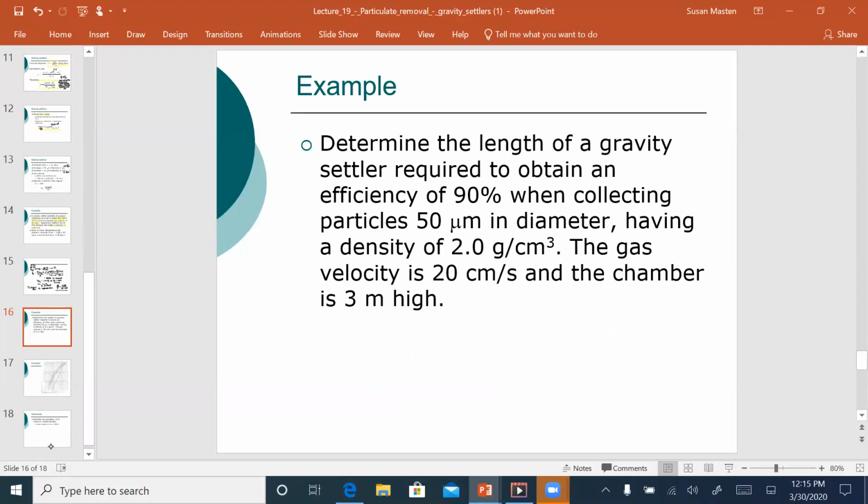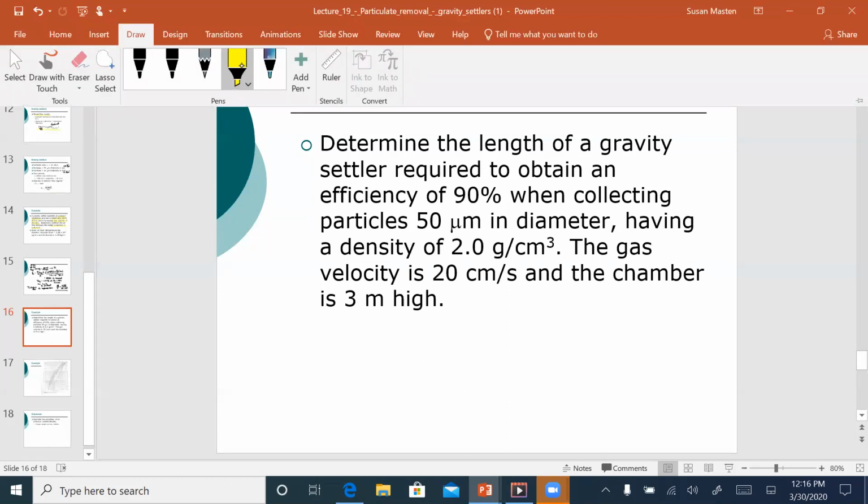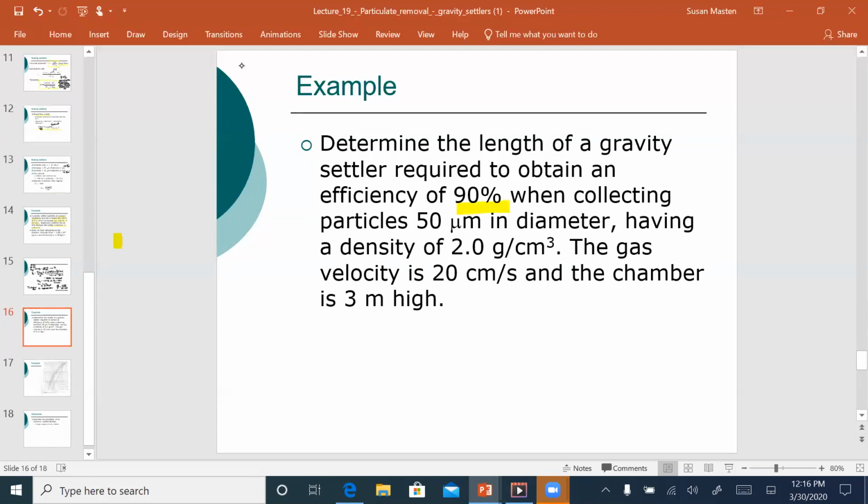So let's look at a similar situation here. If we were to design this gravity settler, we want to obtain 90% removal. We have particles 50 microns in diameter. These particles have a density of 2 grams per cubic centimeter.